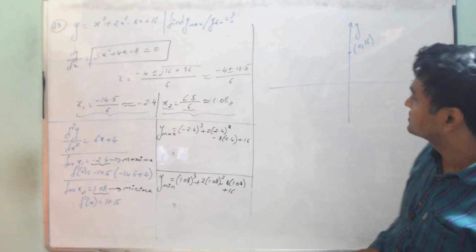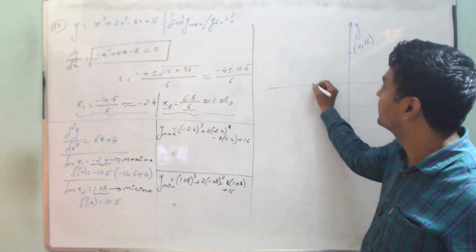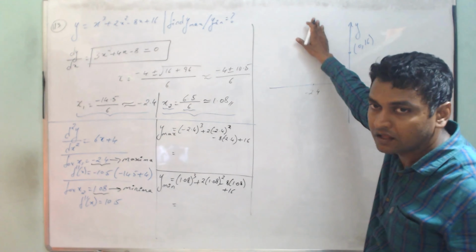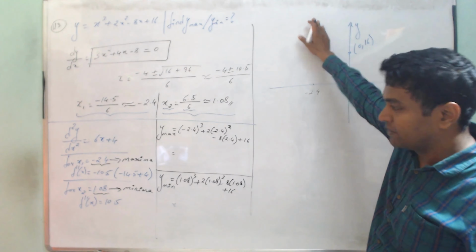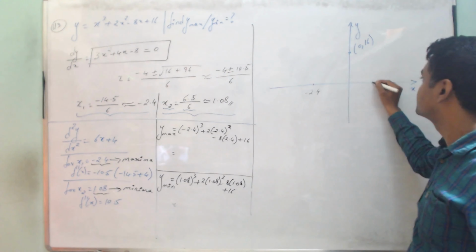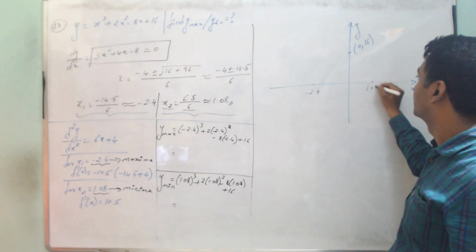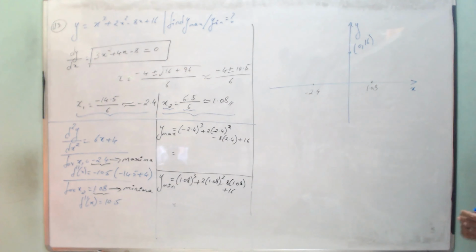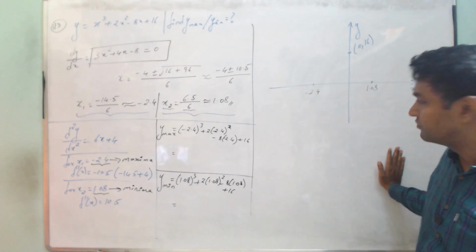So that means somewhere over here at minus 2.4, I have a maxima. And my minima is occurring at x is equal to 1.08, somewhere like this. Now, approximately I am going to plot it. We don't know the y values.